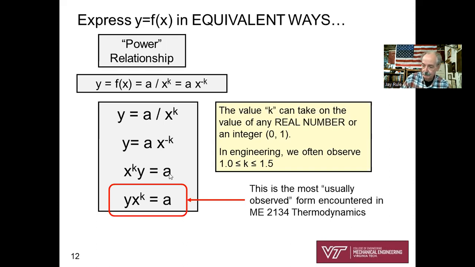That's an equivalent statement, okay? Or let's flip y and x to the k. This last entry, these are all equivalent. Y x to the k equals a. And I want you to see that this is the most usually observed form that we encounter in thermodynamics. Y x to the k equals a. So when you start seeing this, you got to back up a little bit and say, oh yeah, that's going to be a power function, and that's really y equals a divided by x to the k. Okay.